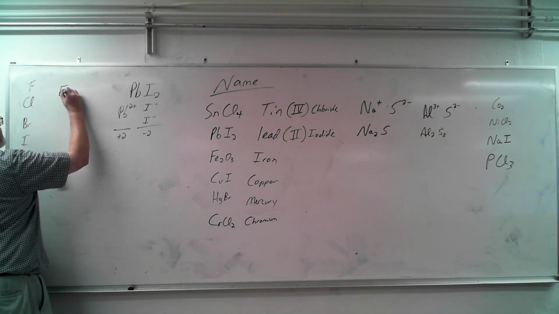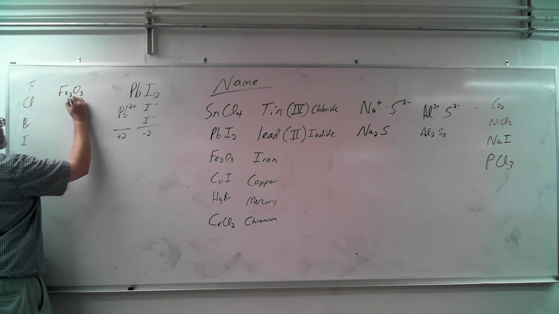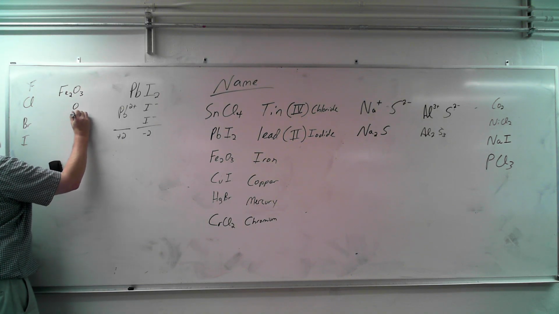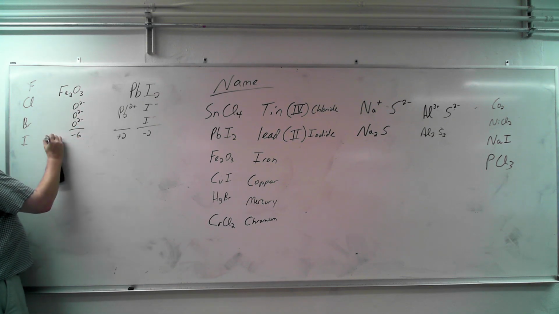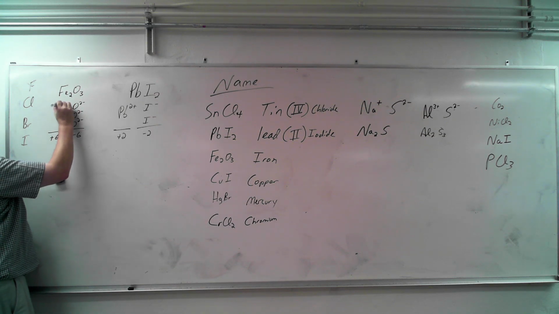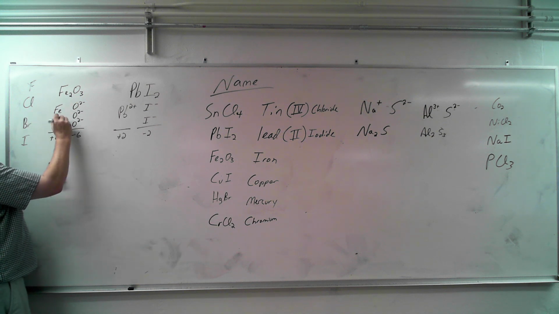Fe2O3 we already did, but let's do it again. Oxygen, oxygen, oxygen, 2 minus, 2 minus, 2 minus. So it's -6, +6. I've got 2 Fe's. I've got to split that among them, so it's going to be 3 and 3.